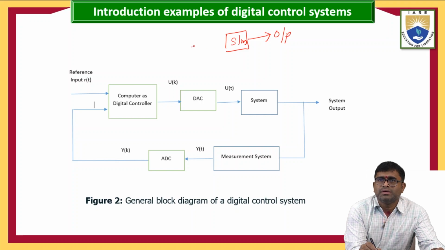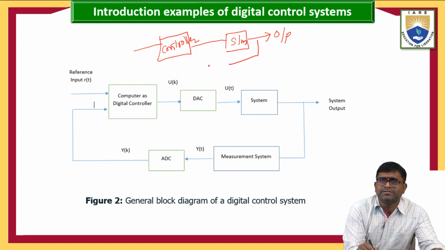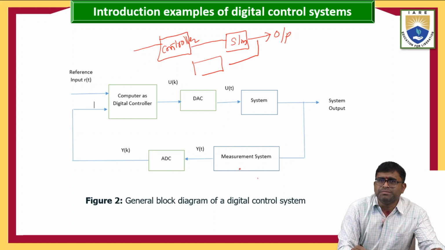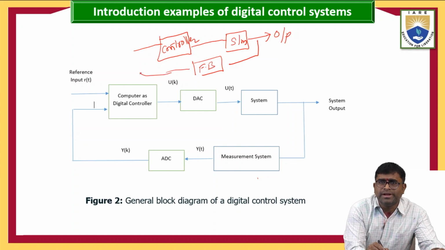For the system input, one controller is there, and for this controller the input command is there. But I am taking the closed loop now. If you are not getting exact values, take the feedback. Here I am mentioning the measuring system, which is the feedback.